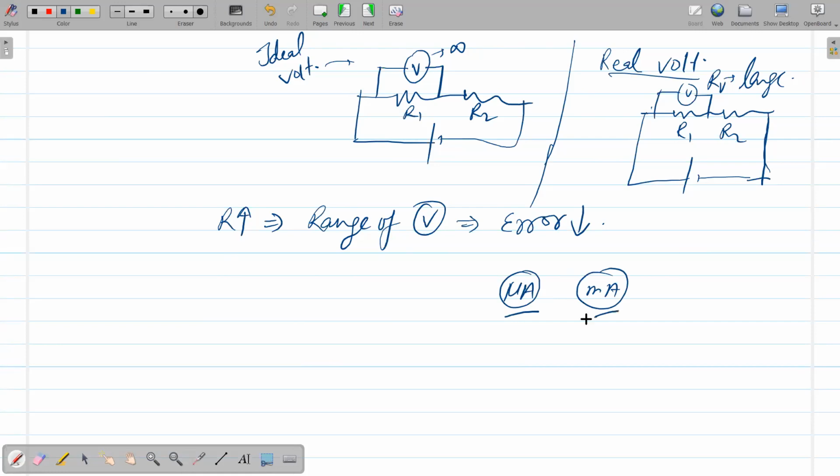Both are made from a galvanometer, we know. Micro or milli? Check this, which has small resistance. So it is saying micro.